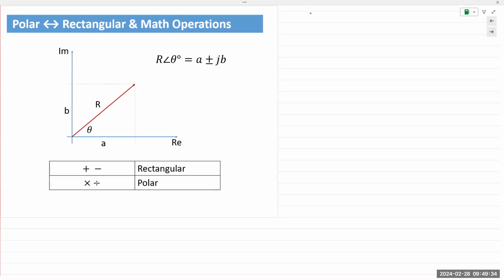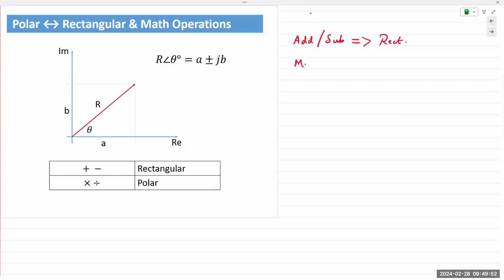If you are performing addition or subtraction, you can easily do that in rectangular coordinates.